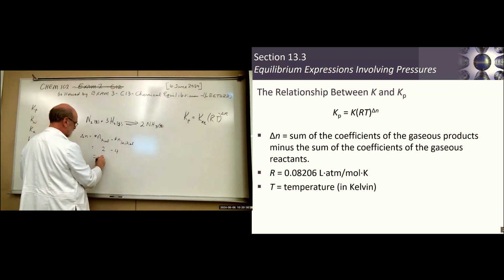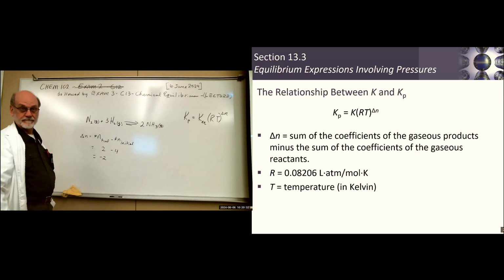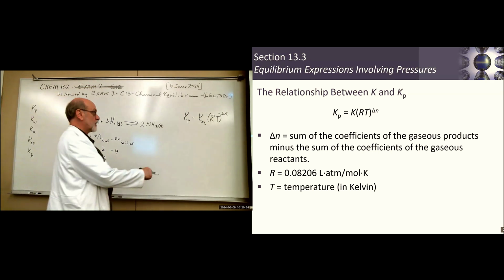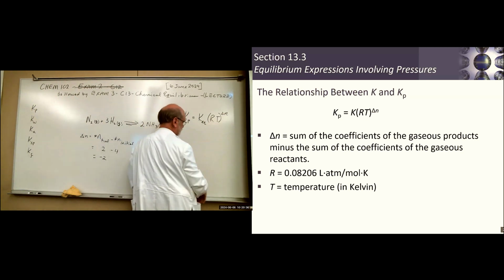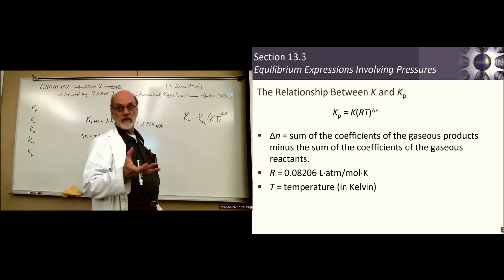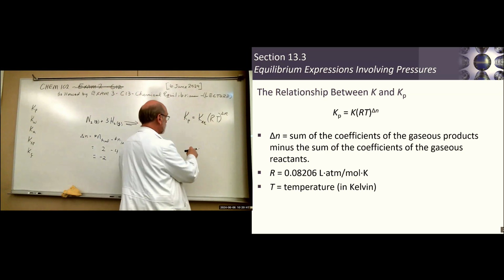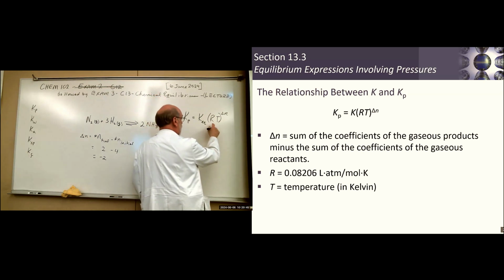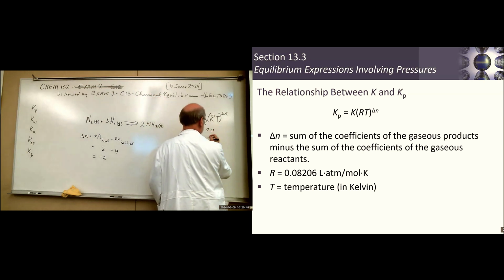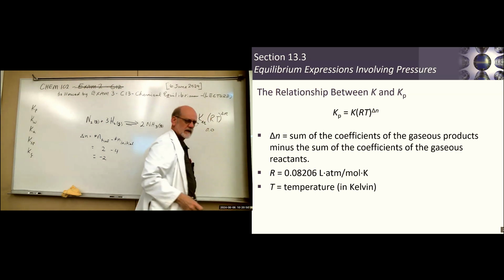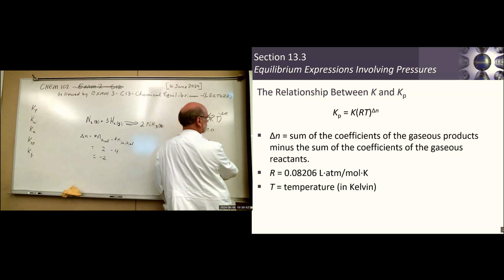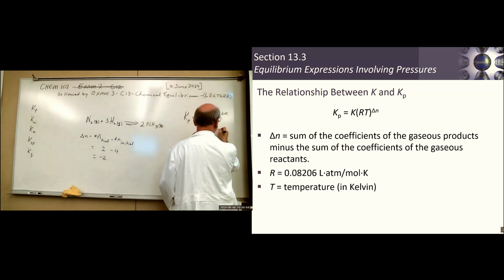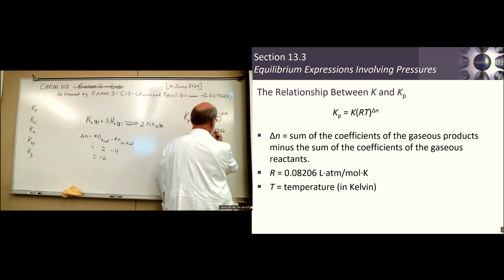So delta N is minus 2. That's what would go right up here, minus 2. Temperature would be in Kelvin. And since we're working with gas pressure in atmospheres, this R would be 0.08206 liter atmospheres per mole K.